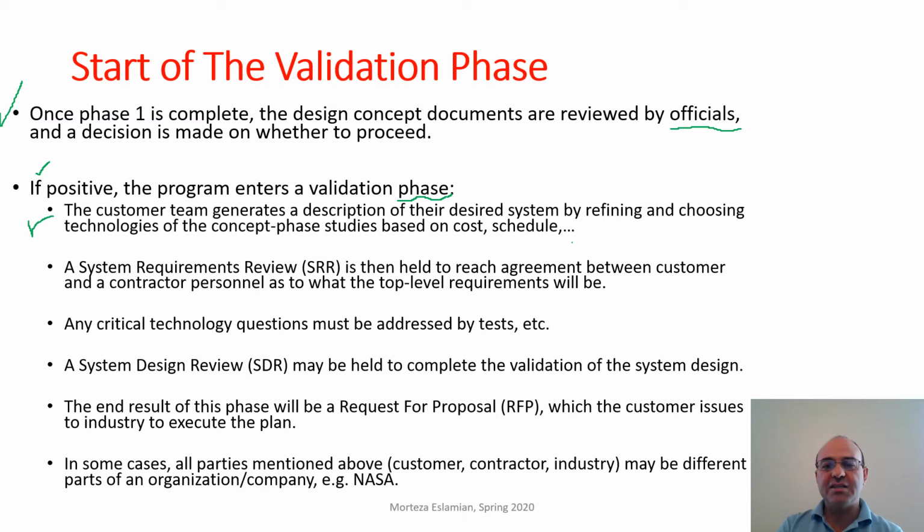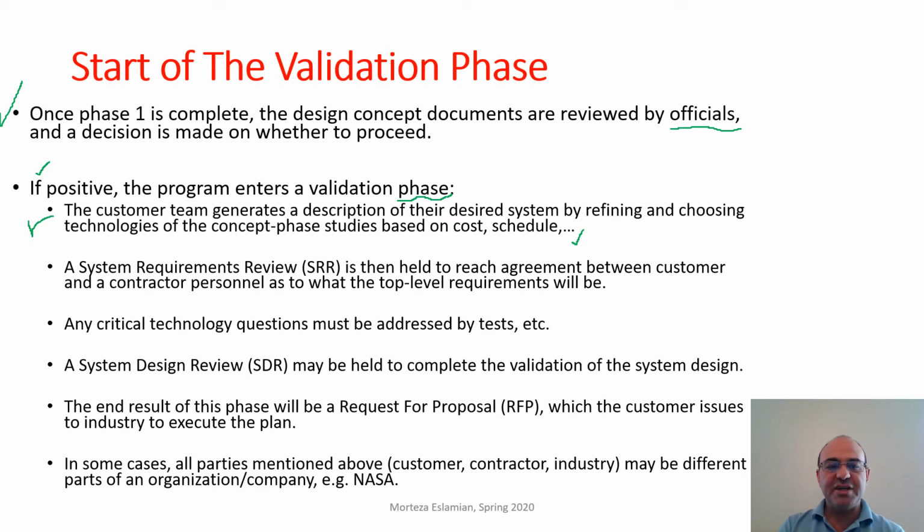So in the concept definition, multiple recommendations may have been made. So the customer, based on those recommendations, can go ahead and refine or choose technologies given in the concept phase.